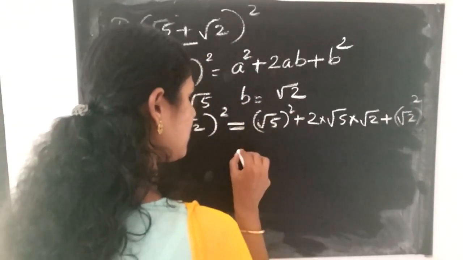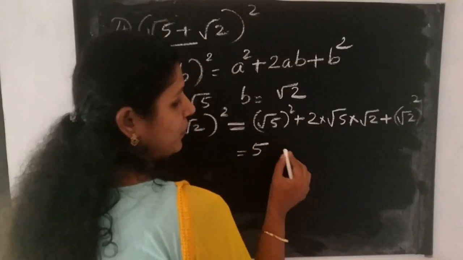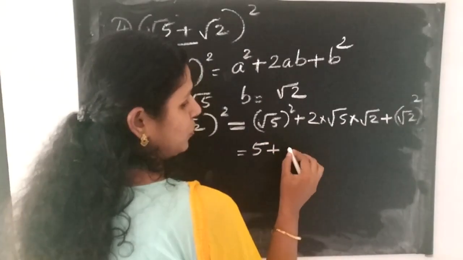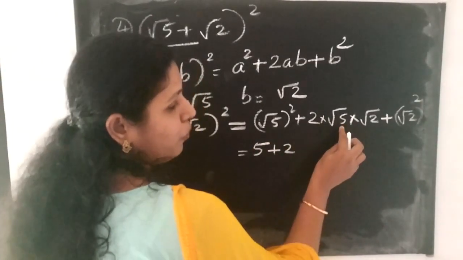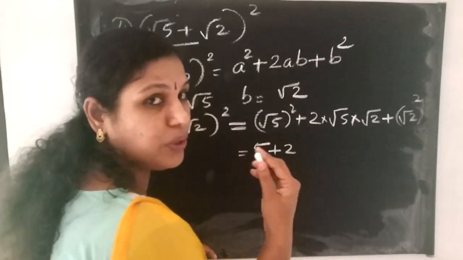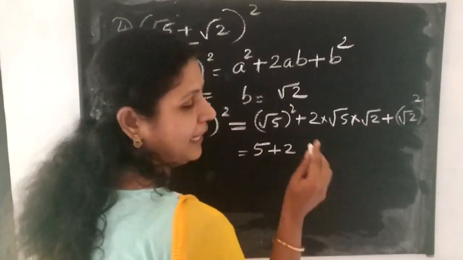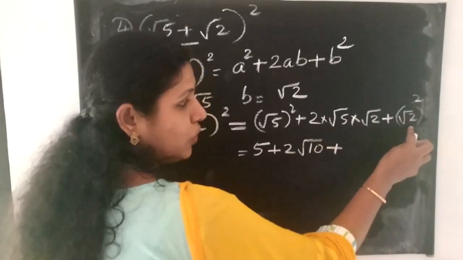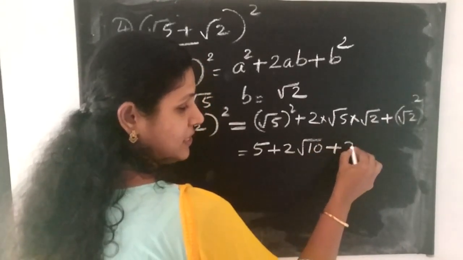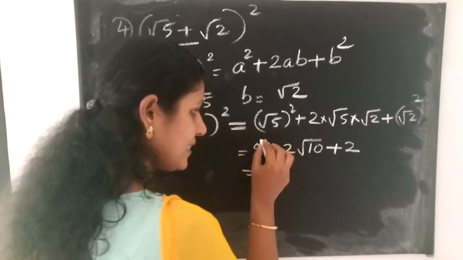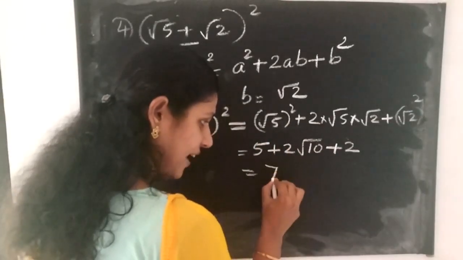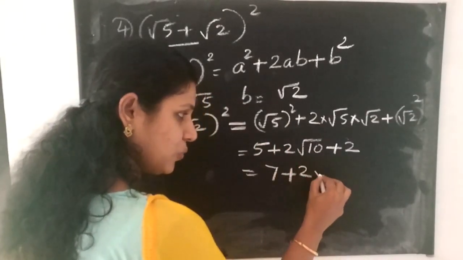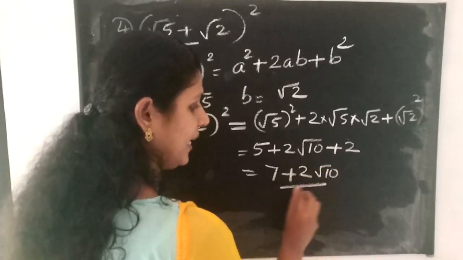Now root 5 square is what? 5. Plus 2 into root 5 into root 2 is 2 root 10, because 5 into 2 is 10. Plus root 2 square, that is 2. So we get the answer 5 plus 2 is 7, plus 2 root 10.